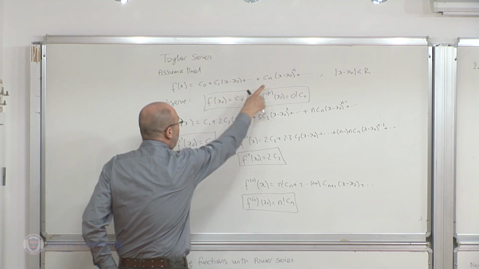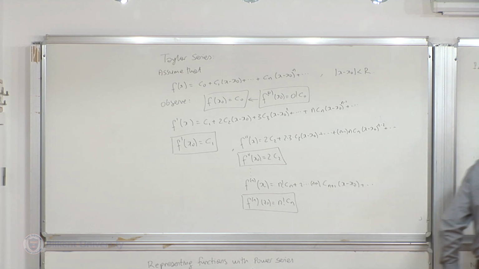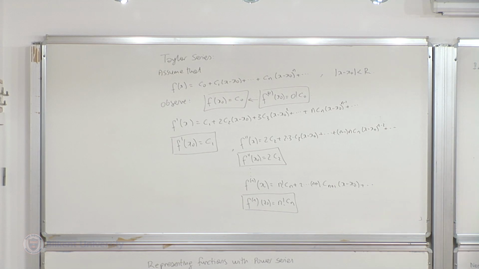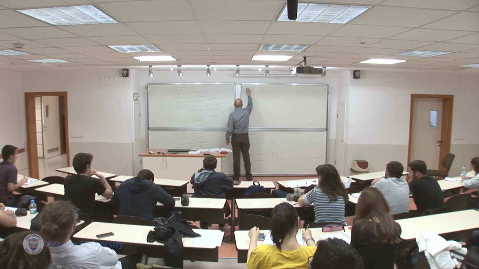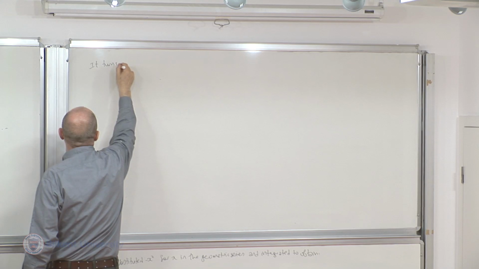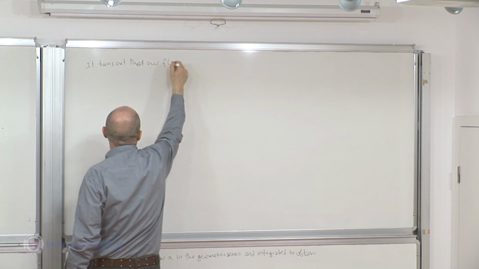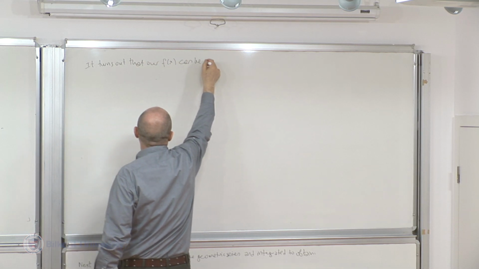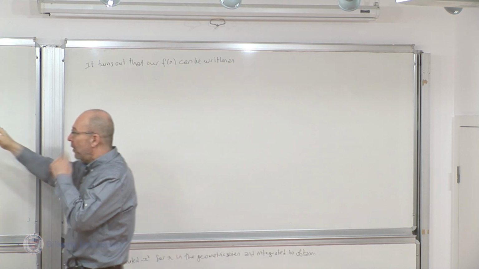So we understand all of these coefficients. It turns out that our f of x can be written as, so we are talking about this f of x.